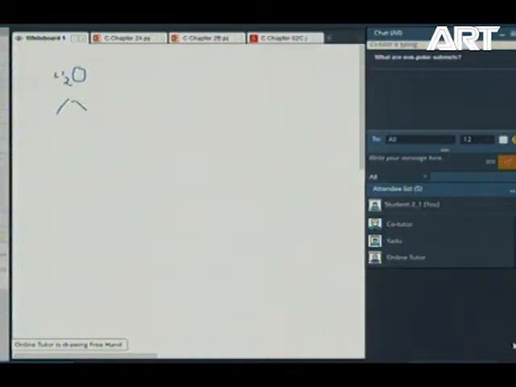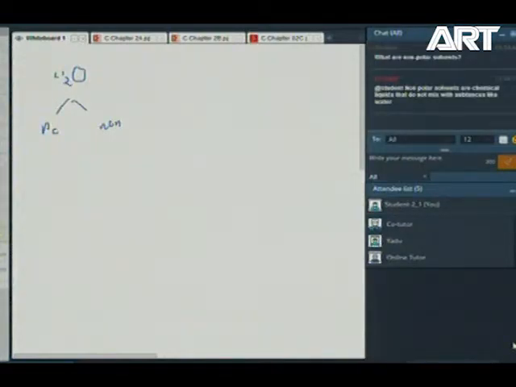Is it non-polar or polar? So, this is how you can determine that. Normally polar ones have their charge distributed. For example, oxygen, hydrogen, hydrogen, this is how you represent the H2O molecule.